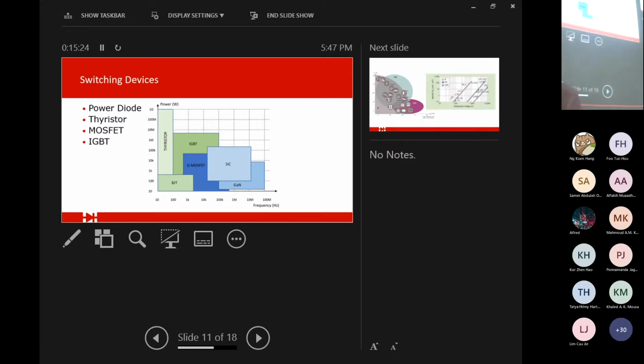Switching devices, like I mentioned, are the diode, thyristor, MOSFET, and IGBT. These are the four main components you're going to use for power electronics. In this graph, you will notice that the thyristor can go to very high power, up to 1 gigawatt, mostly used for transmission lines, 250 kV and so forth.